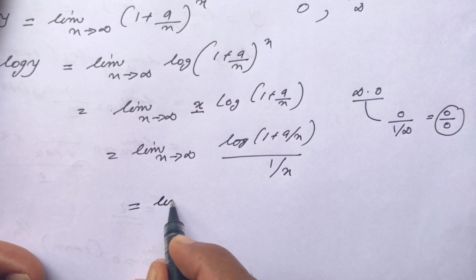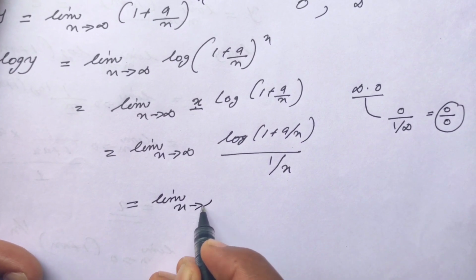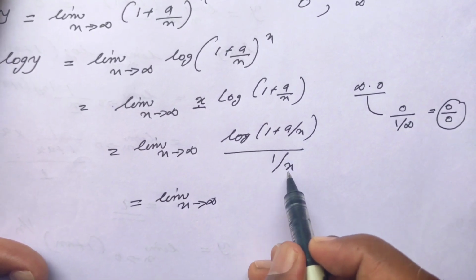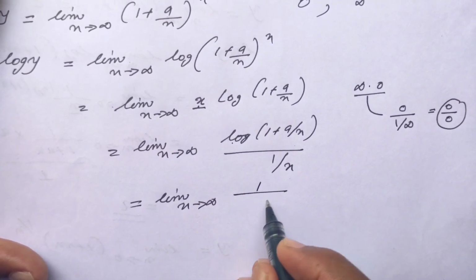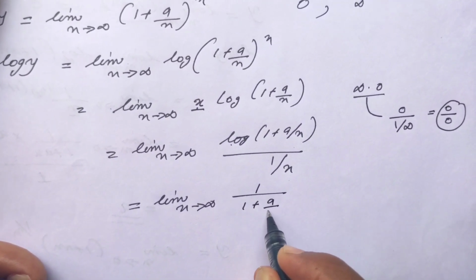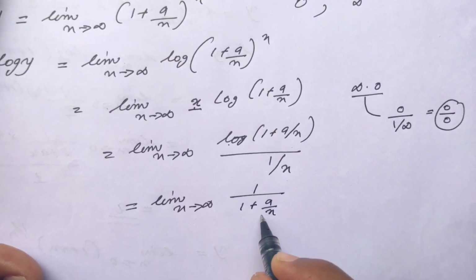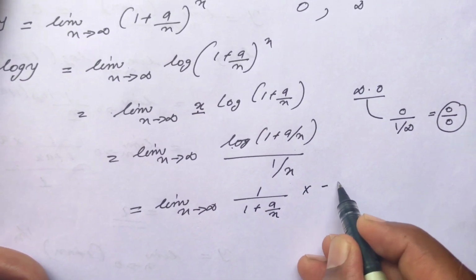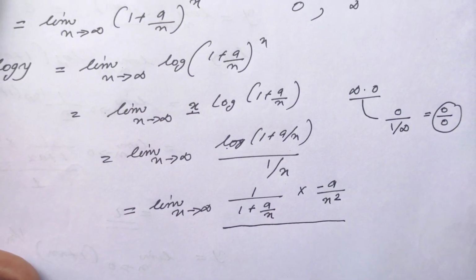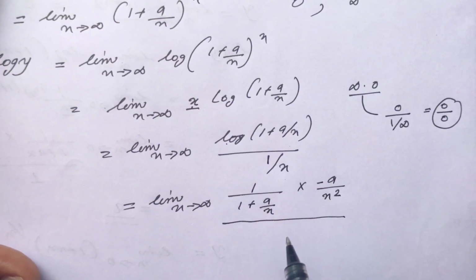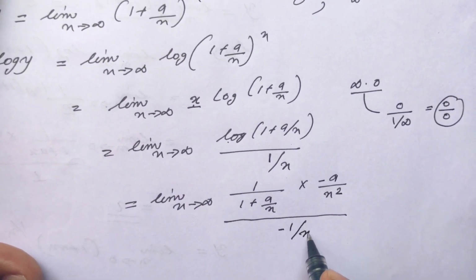So let's take the derivative of the numerator and the denominator separately, that is, the derivative of log(1 plus a by x) is 1 divided by (1 plus a divided by x) into the derivative of a by x, which is minus a divided by x square, the whole divided by the derivative of the term 1 by x, which is minus 1 divided by x square.